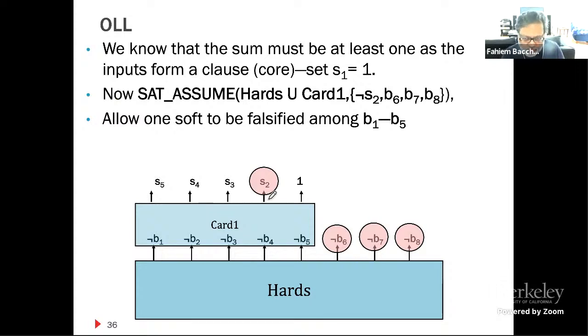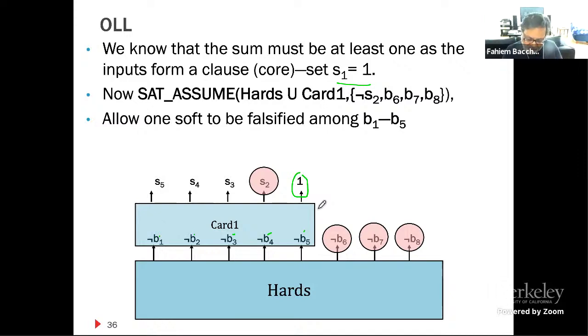And now what do I know? Well, the previous SAT solve has told me that one of these literals must be false. Therefore, this summation must add to at least 1. So I can set S1 to 1. And I want to falsify no more than that.